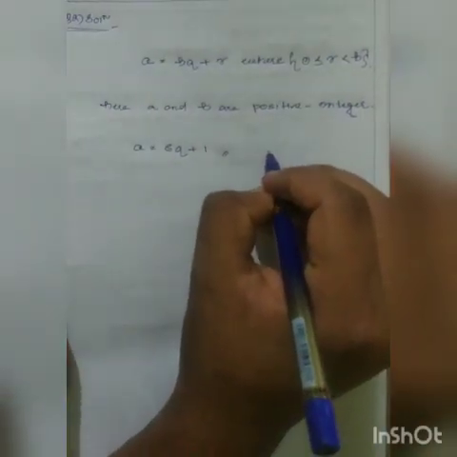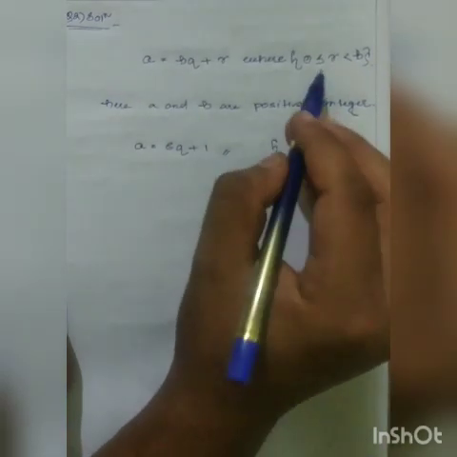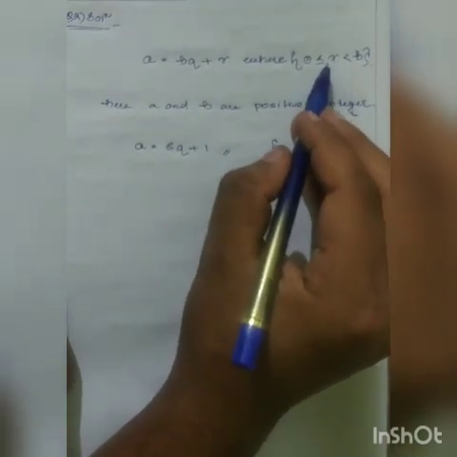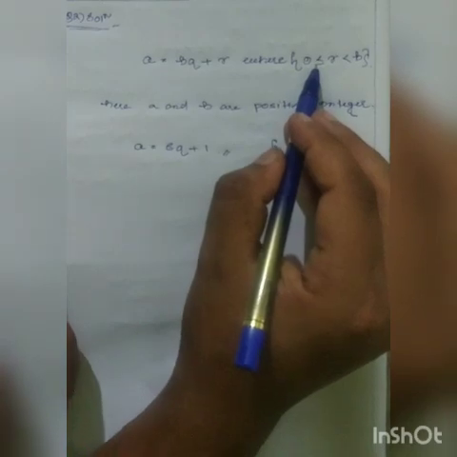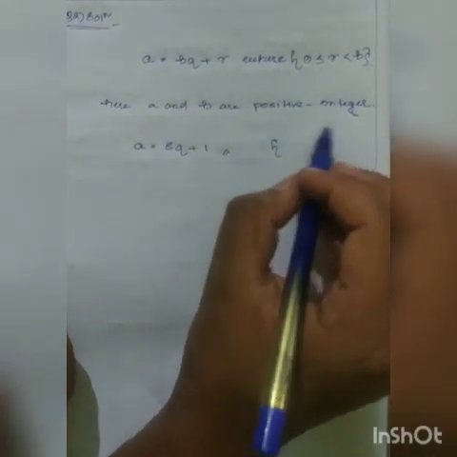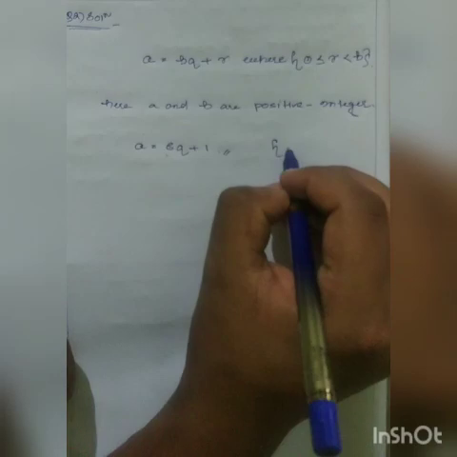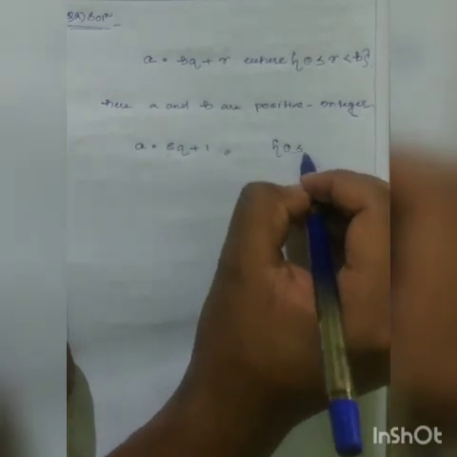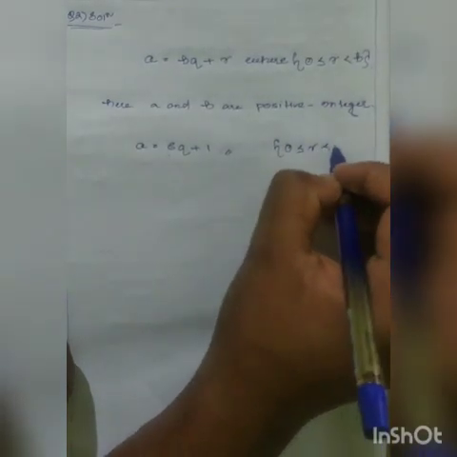So as we know that remainder should be equal or greater than 0 and less than b. So here b is 6, so it should be equal or greater than 0 and less than 6.